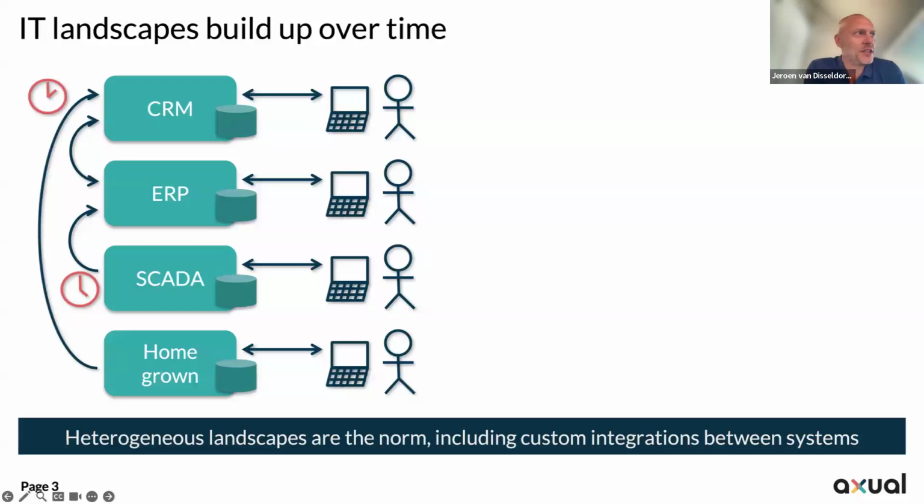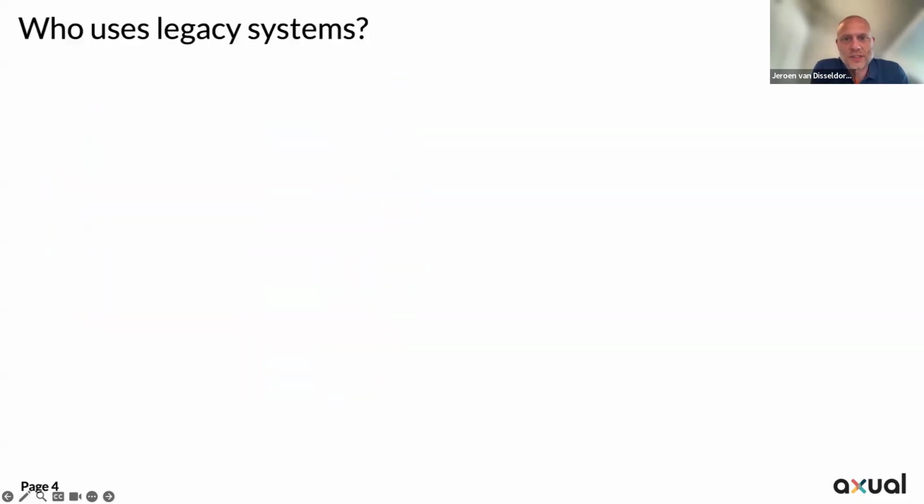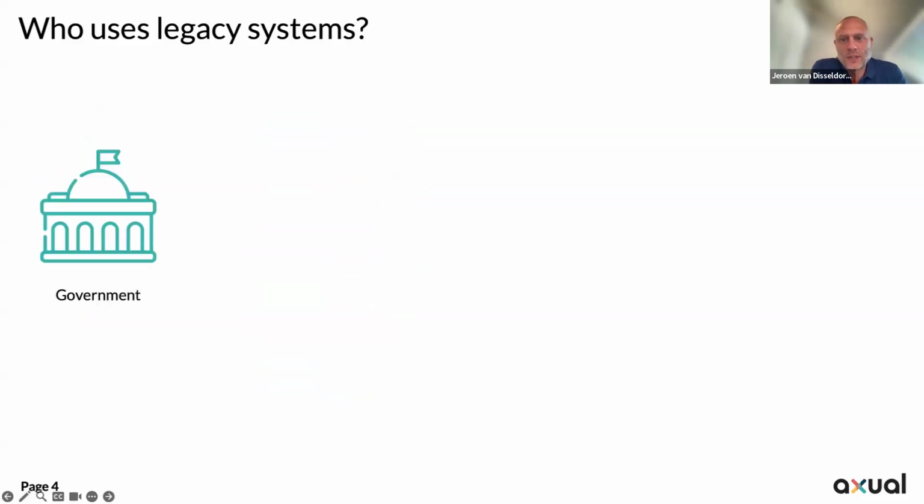So heterogeneous landscapes are more or less the norm, with many custom integrations being built over time to resolve the required information exchange between the systems. Now, who actually uses legacy systems? Of course, there's different sectors that have built up such landscapes over time. For instance, a government.